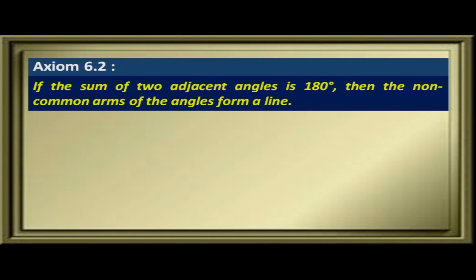So, if the angles are adjacent and their sum is 180 degree, then the non-common arms of those angles must lie on a straight line. You can verify it by drawing.